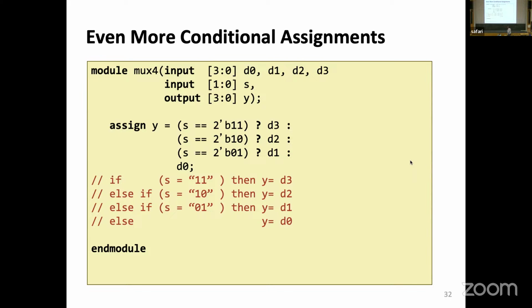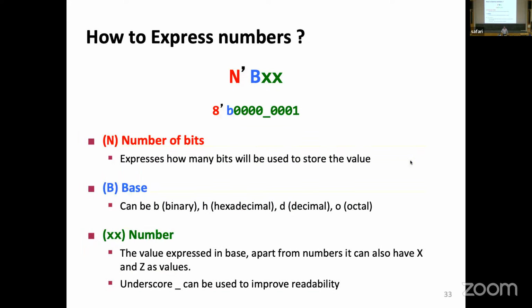Now the question is, what is this? So let's dive into this: how to express numbers in Verilog. Remember a couple of weeks ago, we were talking about numbers, and we said there are binary numbers, we have zeros and ones, and we can put them together.